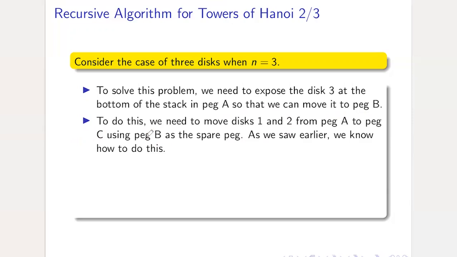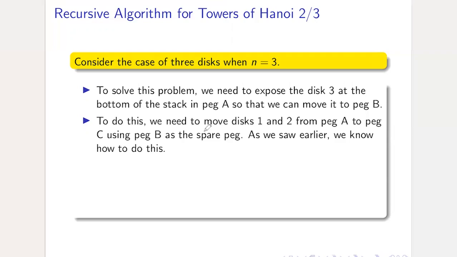We can shift the 2 disks on peg C to peg B, because we have done that kind of thing. You can consider peg B as the peg A actually, and the earlier scheme would work.